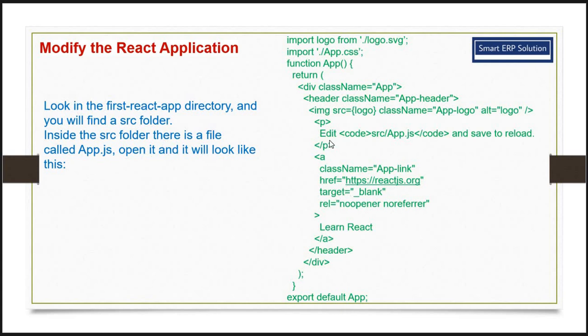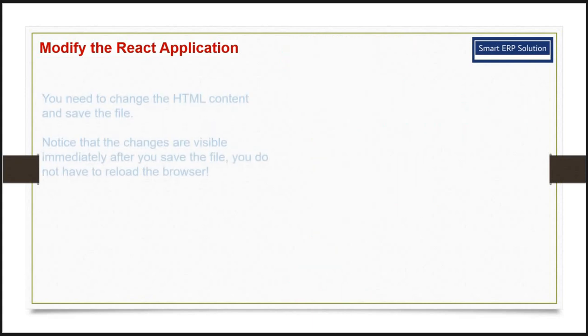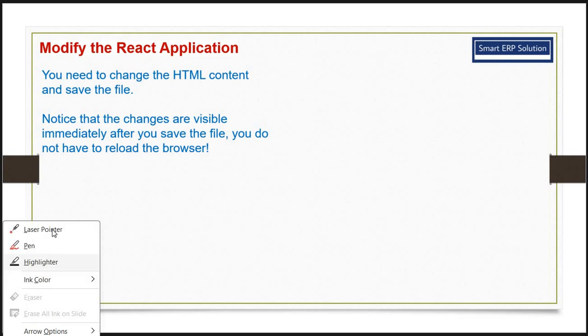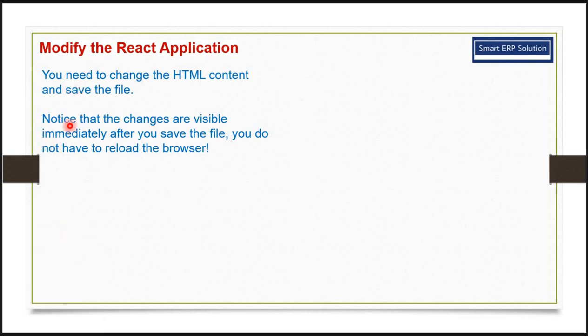Now you need to modify this code. You need to change the HTML content and save the file. Notice that the changes are visible immediately after you save the file. You do not have to reload the browser.